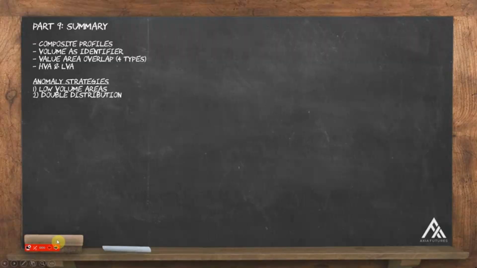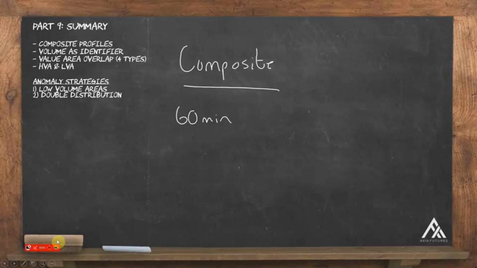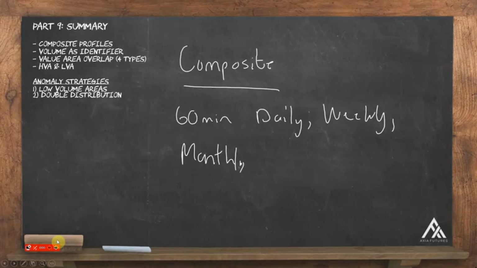What we started talking about in part 9 was the composite profiles, and we said that a composite profile is nothing more than a volume profile created over a desired time frame. We spoke about some of the time frames being anything from a 60-minute to a daily, a weekly, a monthly, and even sometimes on a fundamental move.